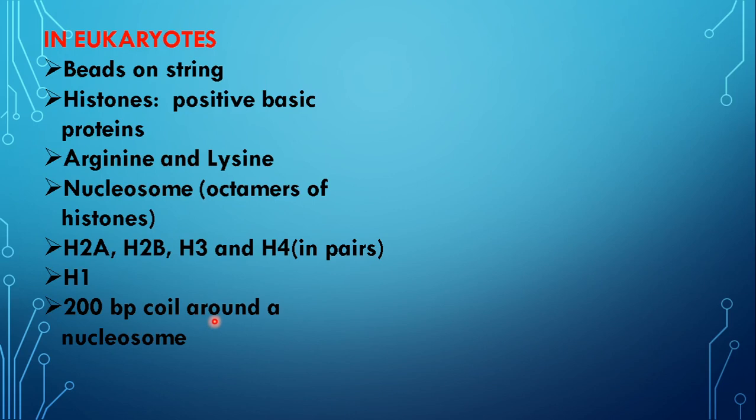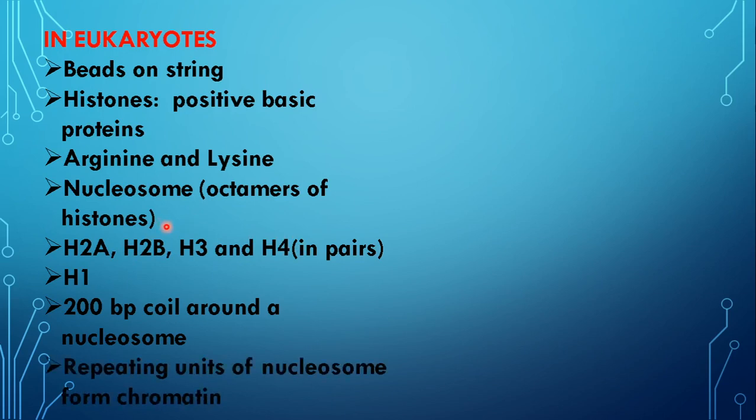The distance between two base pairs is 0.34 nanometer, so we can take 0.34 nanometer into 200, and that much length of DNA will coil around one nucleosome, which is made up of these four types of histones in pairs.